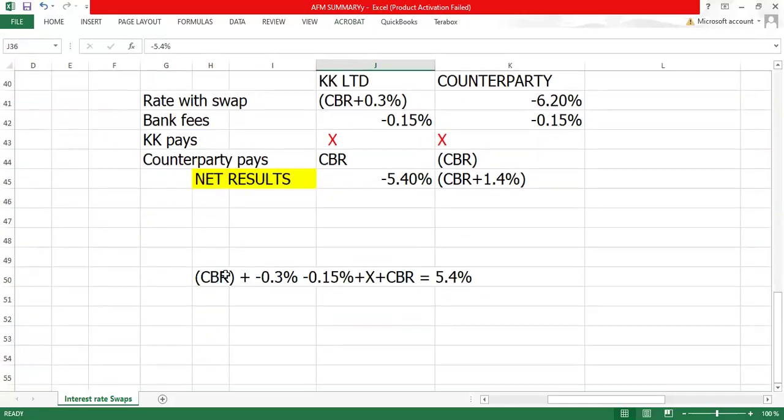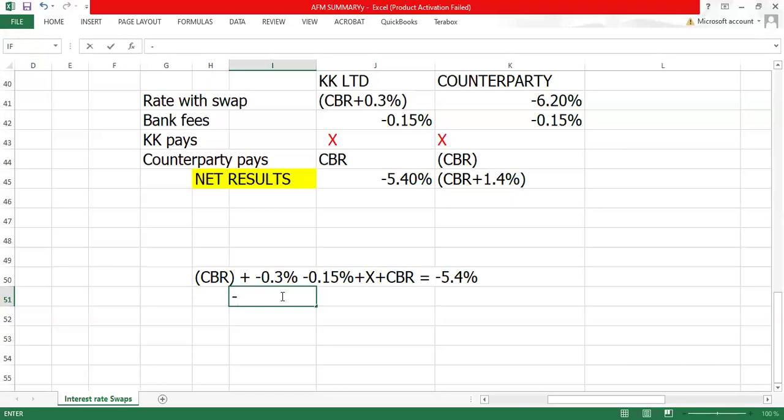So here it will be equal to negative this. So this negative CBR plus CBR will cancel. You'll be left with negative 0.3 minus 0.15. What do you get? I'm getting negative 0.45%.